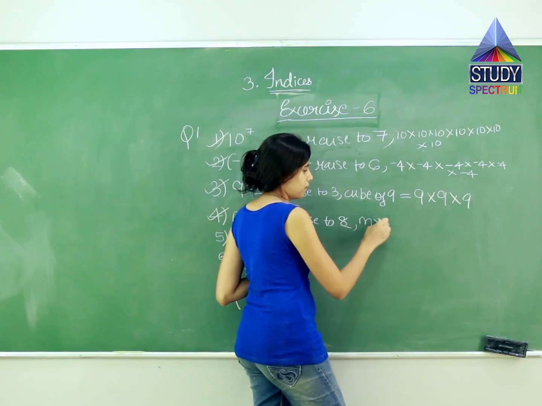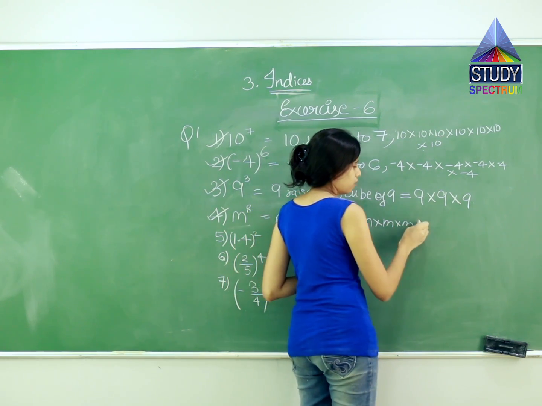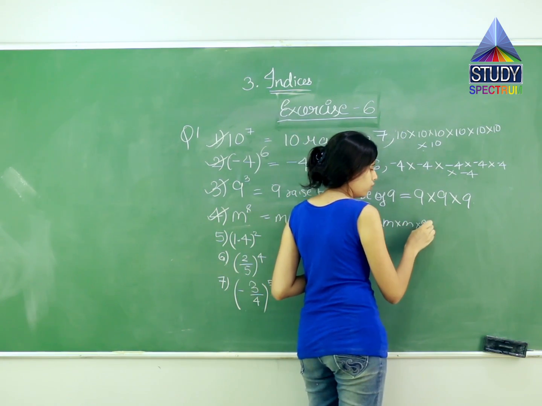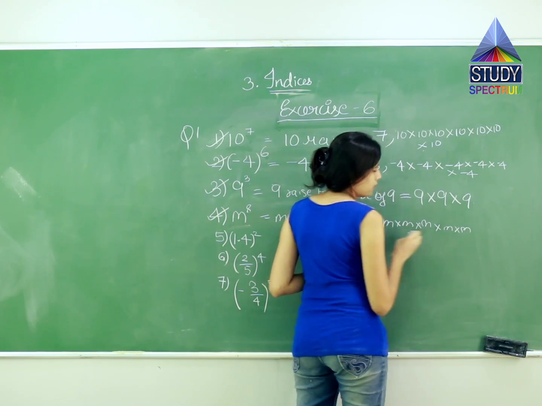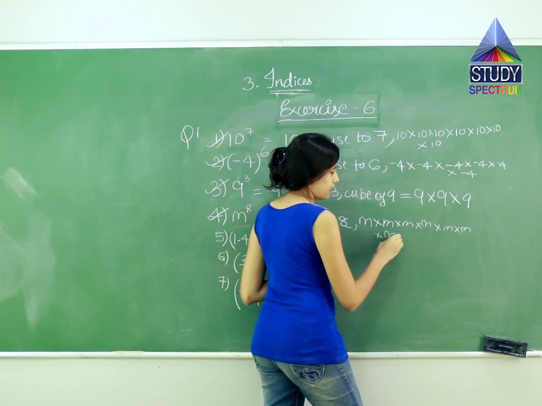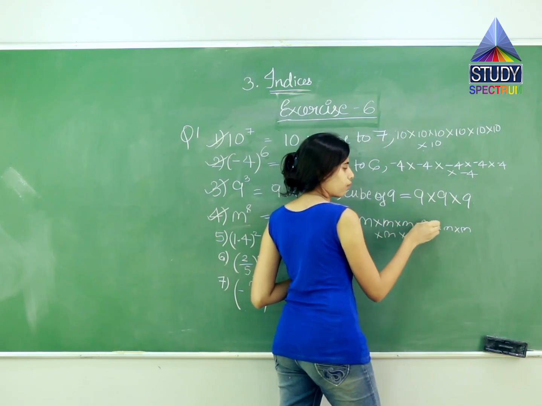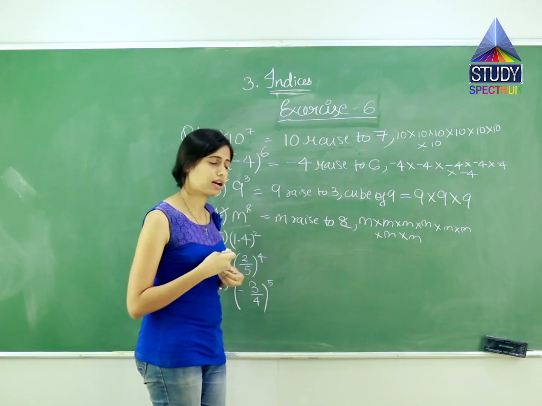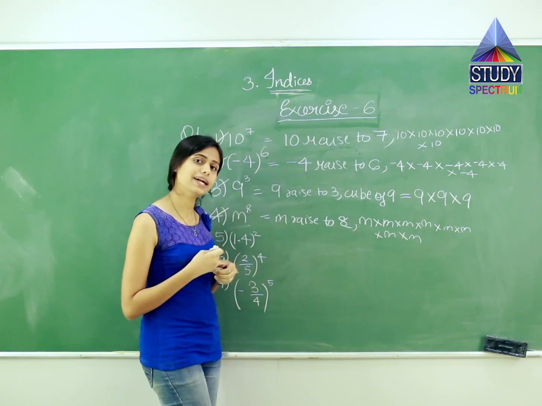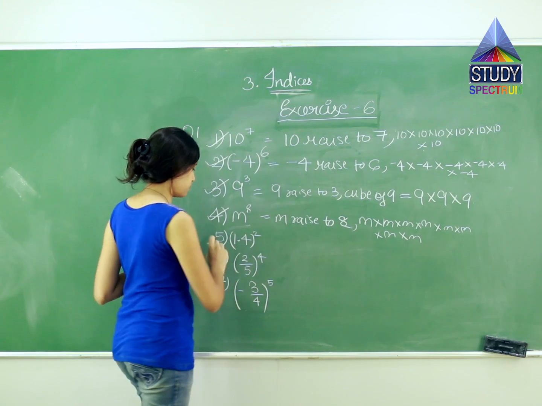M 8 times. 1, 2, 3, 4, 5, 6, 7, 8. So we have written m how many times? Index time, which is 8. So now let us move on to the next question.